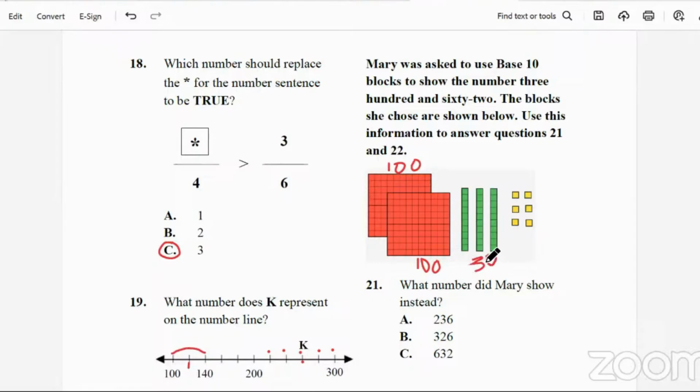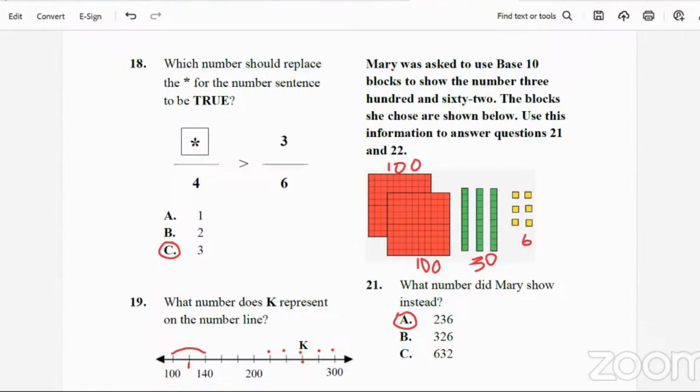And then we have 6 individual blocks or units. So we have 100 plus 100, that's 200, so 236. That's what Mary showed. That's not what she was asked to show, but based on what she selected, that's the number represented by her blocks. 200 plus 30 plus 6.